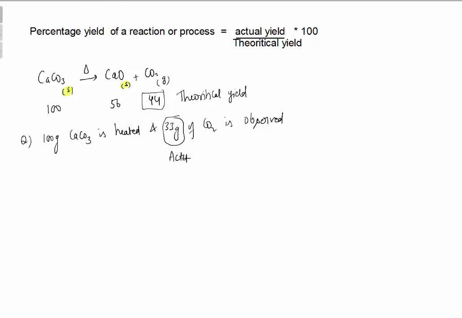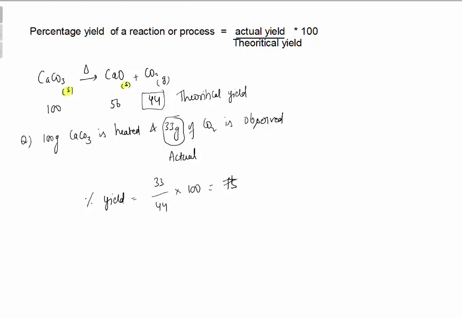Please remember, that is what people have observed. That means percentage yield is equal to 33 upon 44 into 100, which is equal to 75.